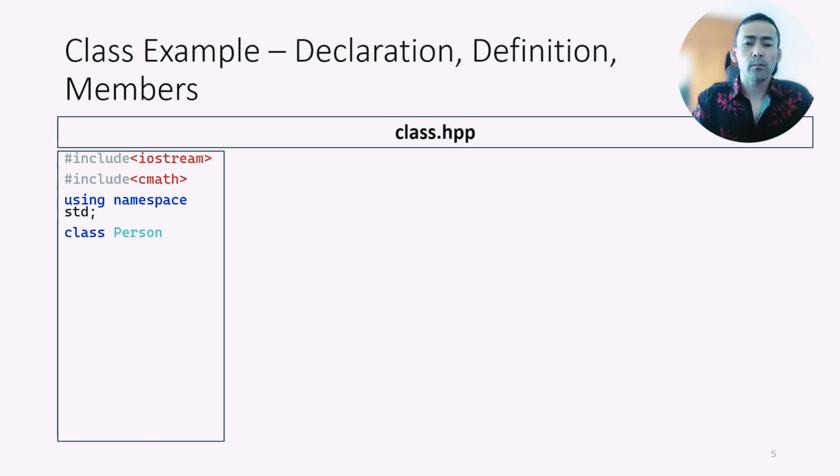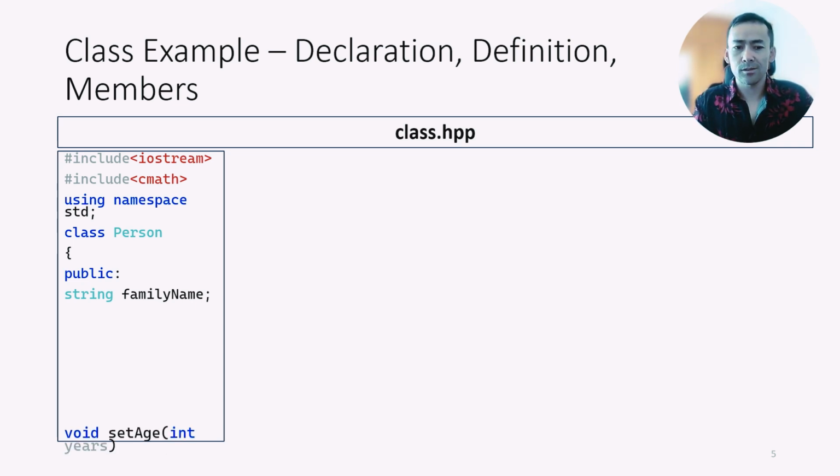And then we declare class Person, and inside the braces we specify the public specifier where we declare the family name using a string, and then we set the age inside the public section, and this is a member function.